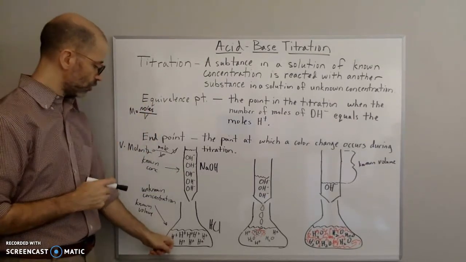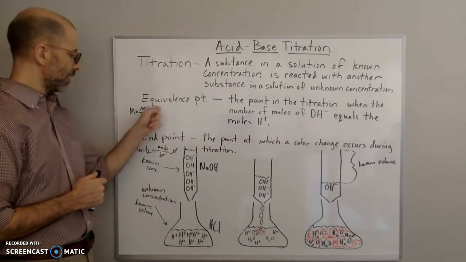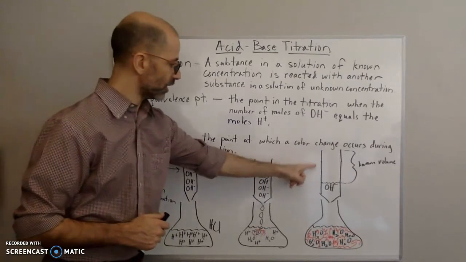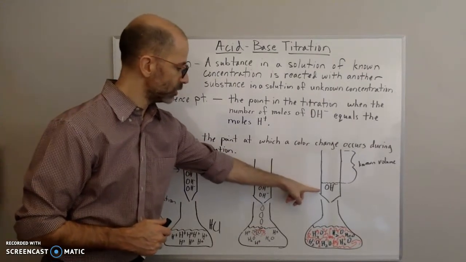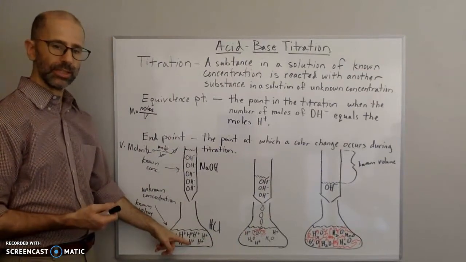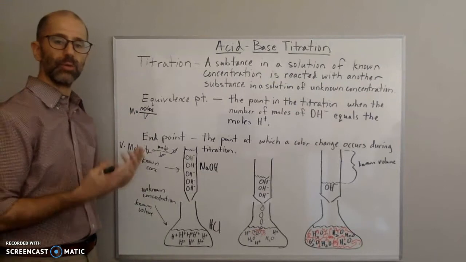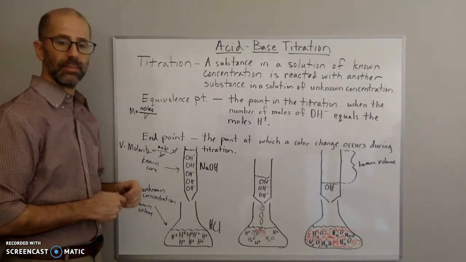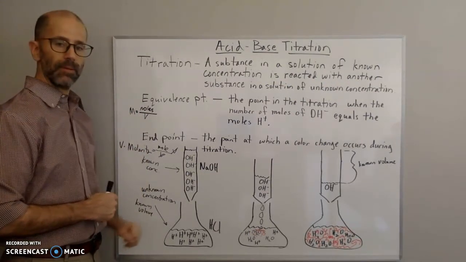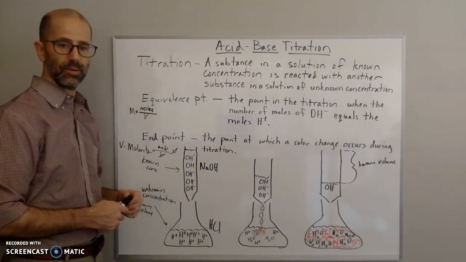So all I need to do is make sure the volume is in liters. Since I calculated the moles of OH, and that's equal to the moles of H+ that were originally in there, then I can figure out the concentration of my acid, okay?